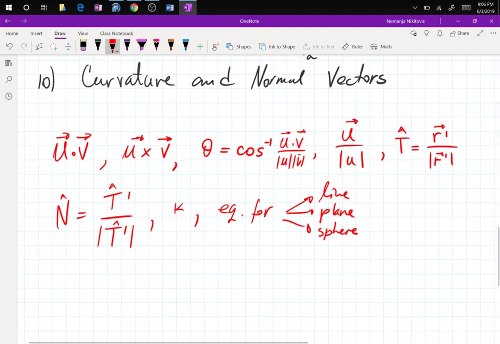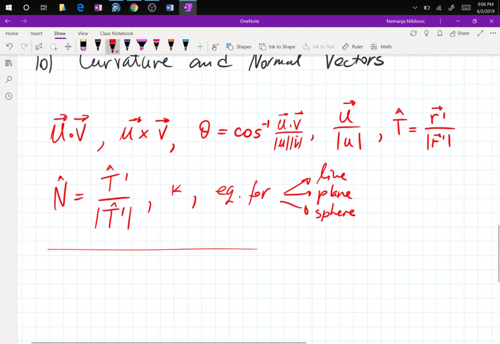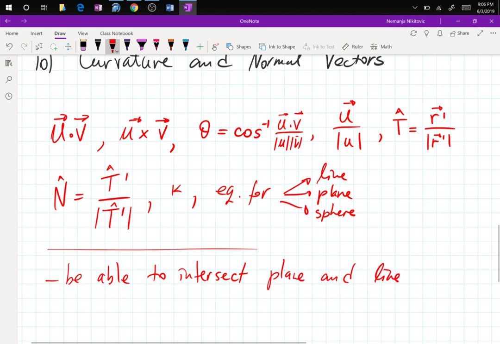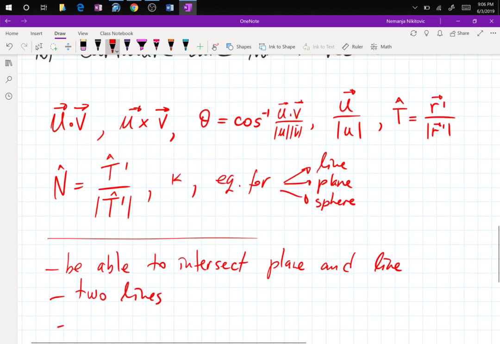Let me also write in blood, because it comes up throughout the year: be able to intersect a plane and a line, two lines, two planes.